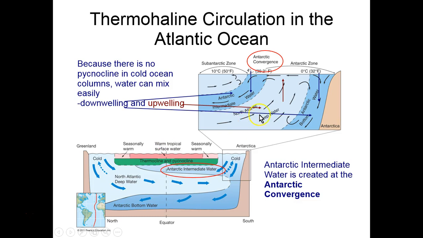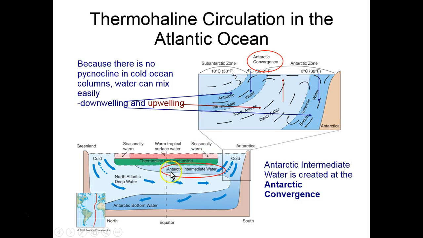Okay, and so this area, basically where the North Atlantic water comes back up because it's lower in density than the Antarctic water, the water comes up, and then some of it cools and goes back down close to Antarctica and becomes Antarctic bottom water, and then some of it that's farther away from Antarctica gets cold and dense and it sinks again. But it's not as dense as the North Atlantic water that's coming up here, and so that's why it's sinking over here and it's settling above the North Atlantic water.